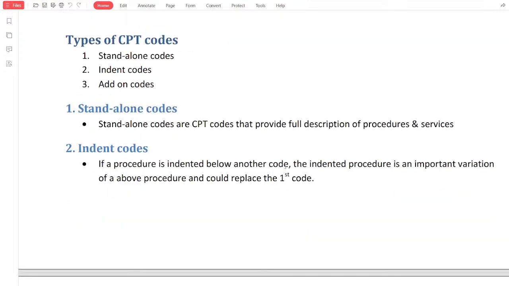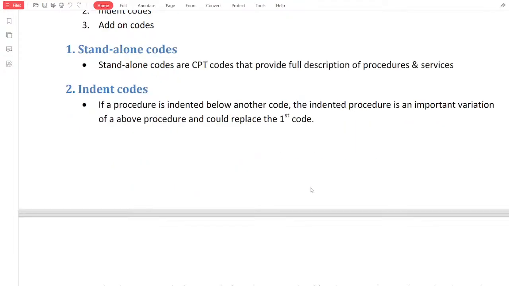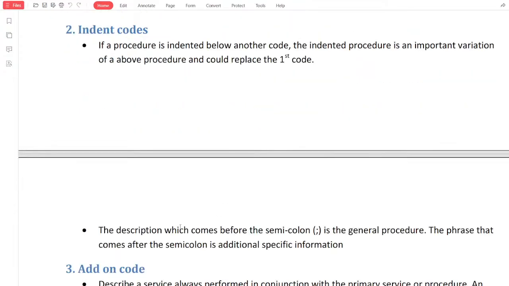And second one, indented codes. Indented code means that if a procedure is indented below another code, the indented procedure is an important variation of the above procedure and could replace the first code. The description which comes before the semicolon is the general procedure. The phrase that comes after the semicolon is additional specific information.